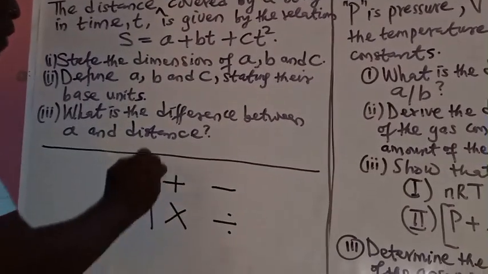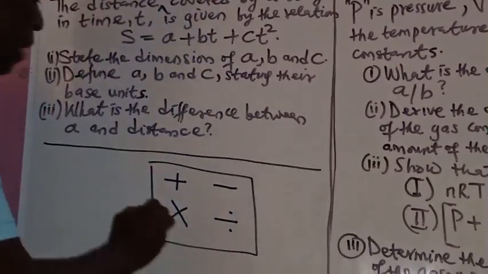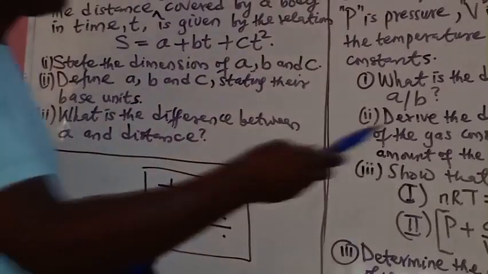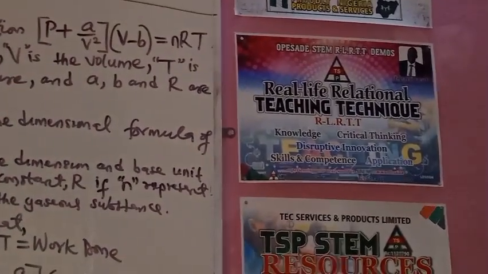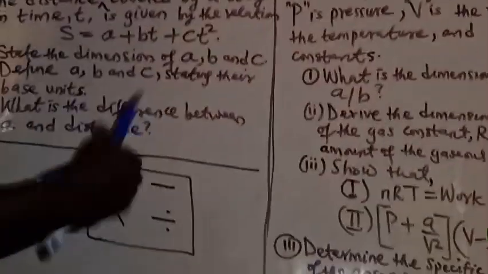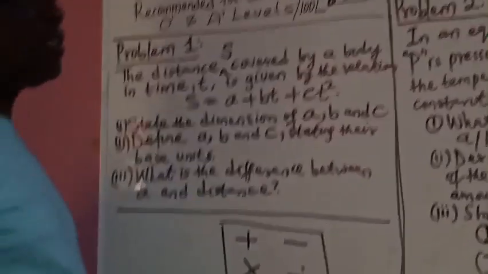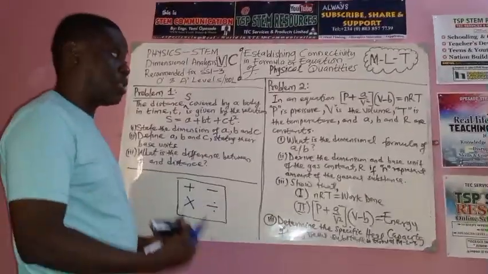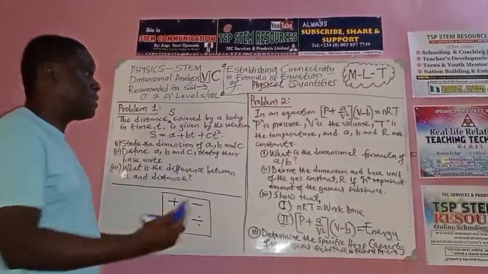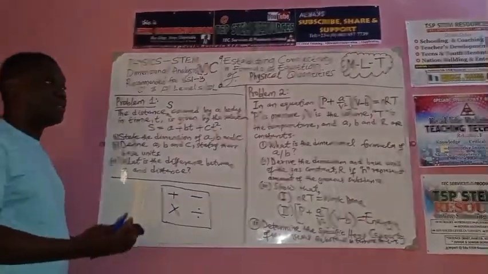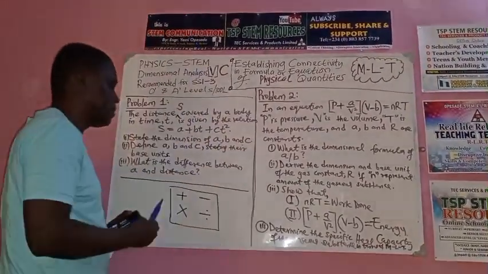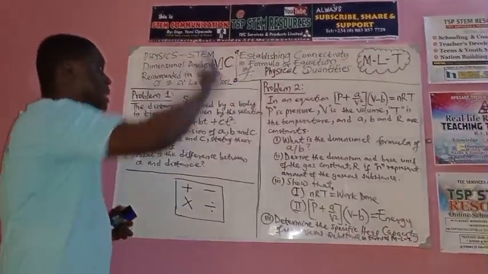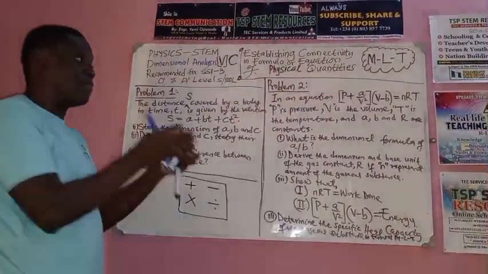Now in mathematics, don't forget, at this platform our interest is to use real-life relational teaching techniques, meaning to relate abstract, imaginary content to your real world so that you are able to see. You will notice that most of these things that we do in science emerge from reality. They may be invisible reality coming into existence in the physical.